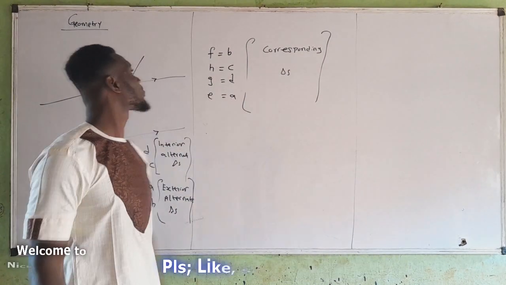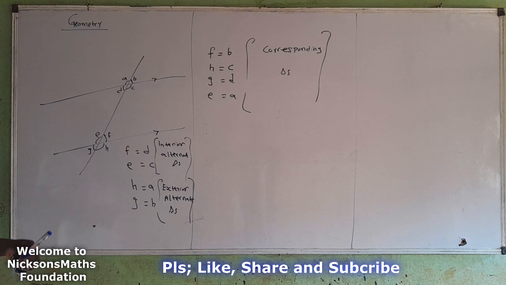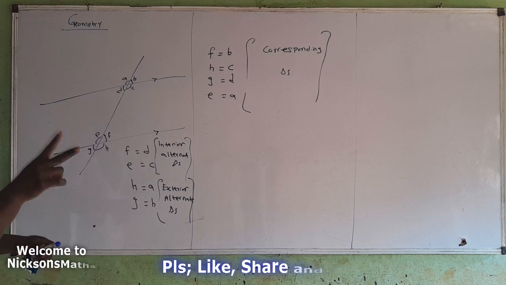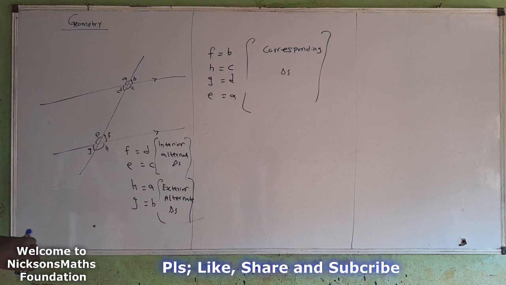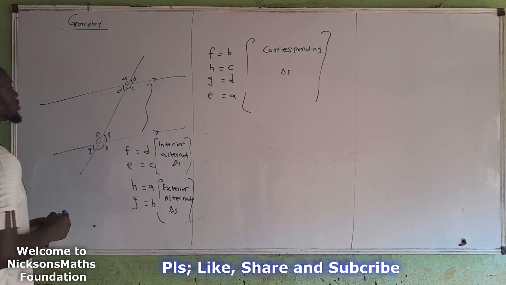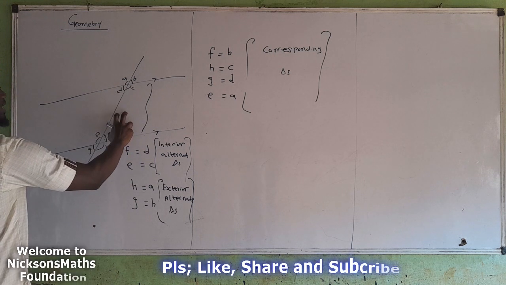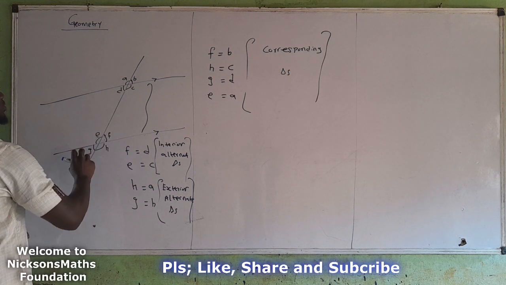So far we have discussed the alternate angles, and we have also discussed the corresponding angles. Now we are going to discuss the interior angles. This angle and this angle, C and F, are interior angles.